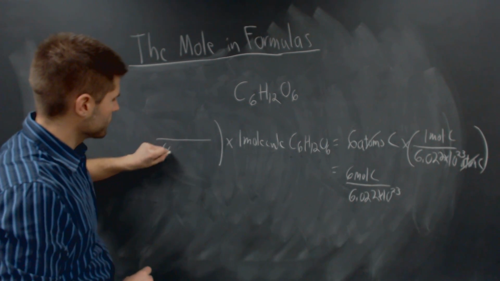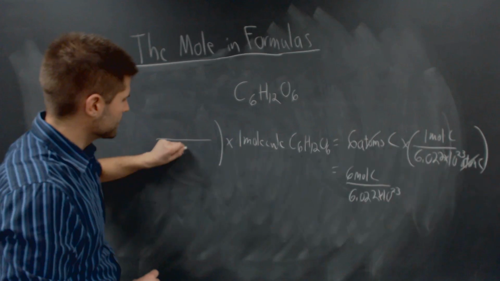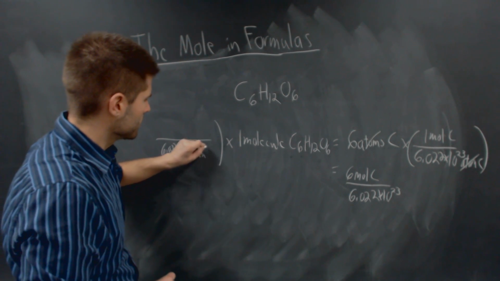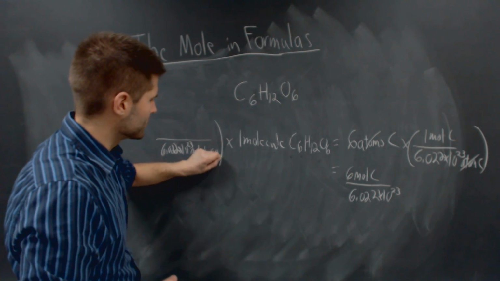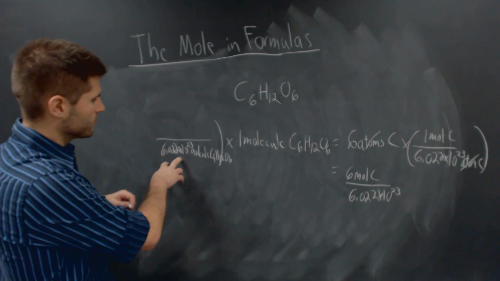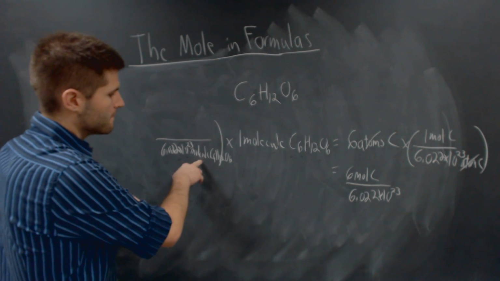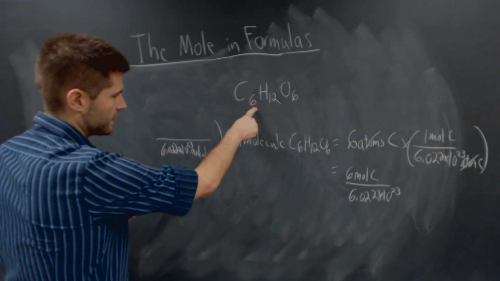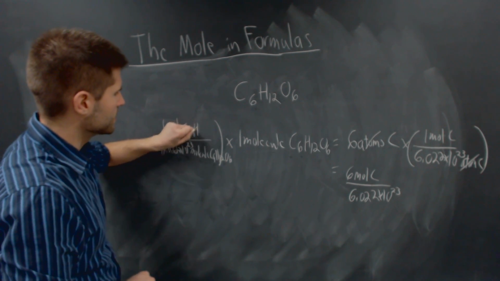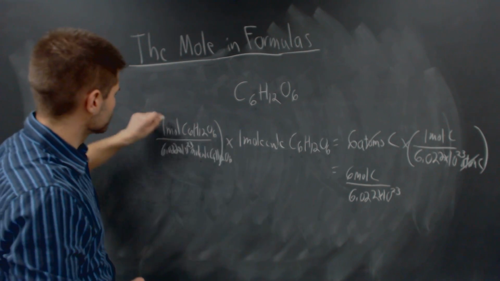We know for every 6.022 times 10 to the 23rd molecules of C6H12O6, sorry, I got so sloppy and squished, but this is 6.022 times 10 to the 23rd molecules of glucose, for every 1 mole of C6H12O6.